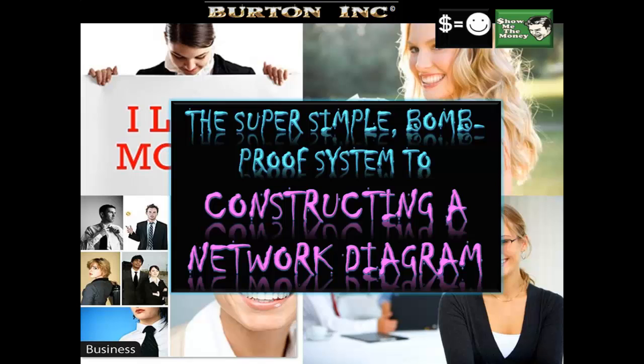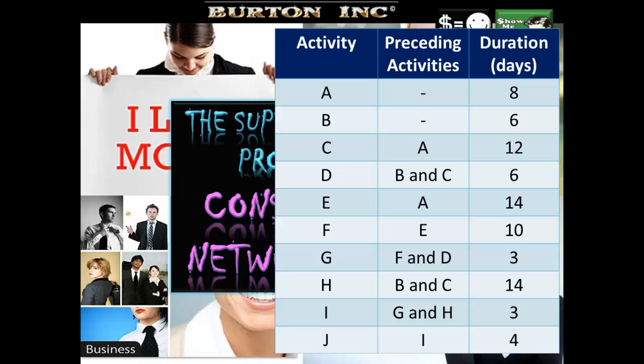Those that are initially struggling with getting their head around laying out the network analysis diagram, the network diagram, find this way quite straightforward, quite logical. Let's have a look. We've got our activities there, A through to J, and the duration in days on the right hand side.